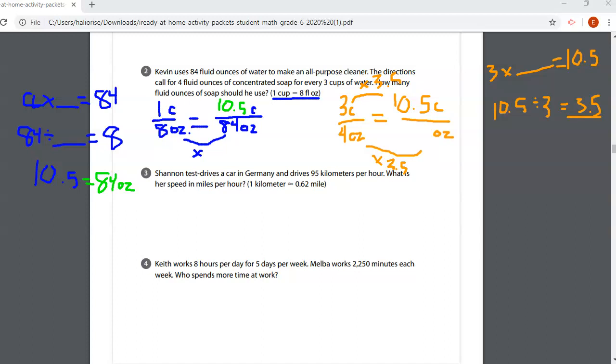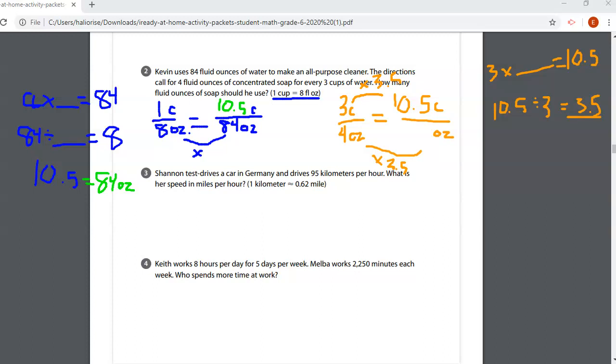Same thing. Number 4. Keith works 8 hours per day for 5 days per week. Melba works 2,250 minutes each week. Who spends more time at work? So in this sense, we're comparing 2 people. And it doesn't give you a conversion factor, although you should know how many minutes are in an hour.